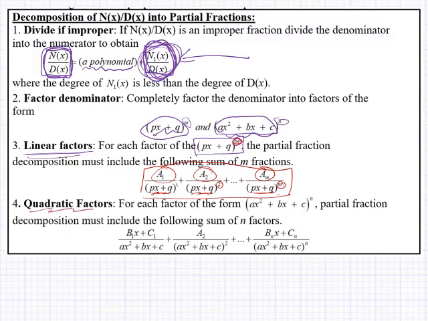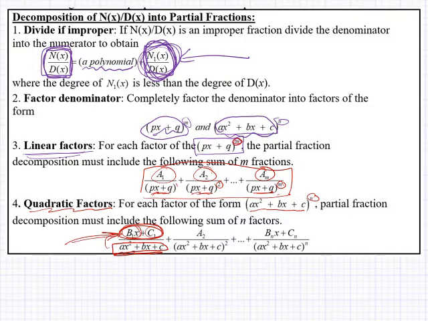Then the other possibility is we have quadratic factors. So if we have a quadratic factor, it could look something like this. It could be raised to the n. First off, that's going to be one of my denominators, in which case we would have to look at what the numerator would be. Well, again, it's going to have to be smaller, because this has to be a proper fraction, that numerator could have a linear term and a constant term.